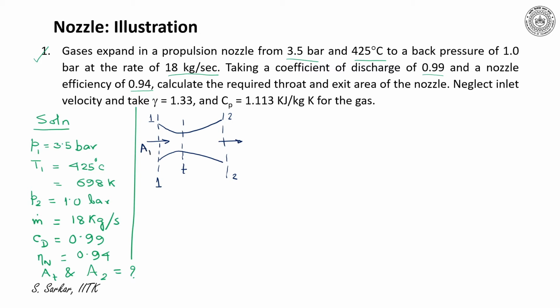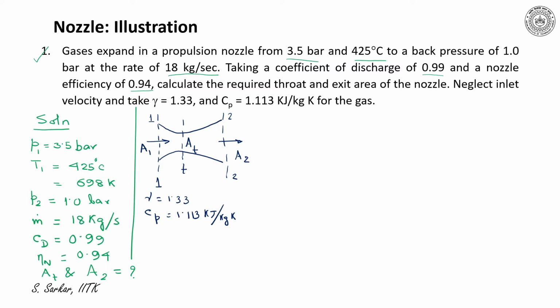A1 be the cross-section area at inlet, A2 the cross-section area at exit. Similarly, AT be the cross-section area at the throat. Furthermore, given gamma of the gas as 1.33 and Cp as 1.113 kilojoule per kg per K.